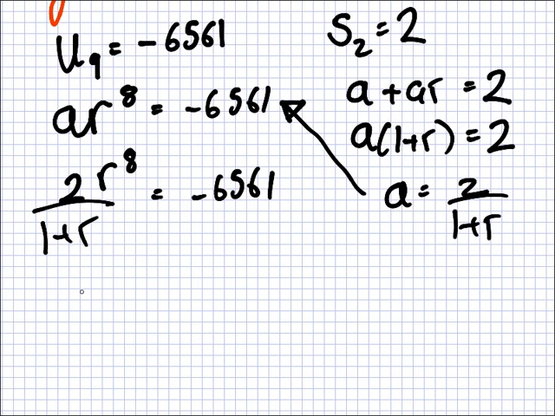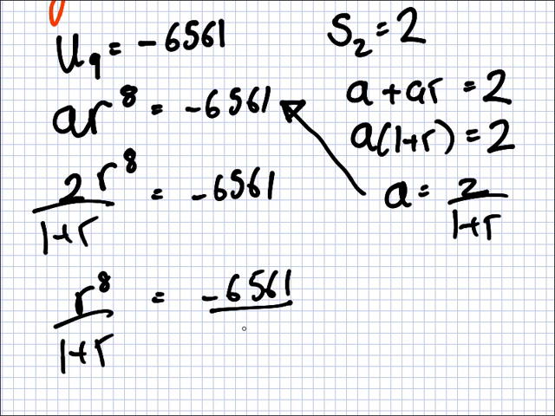Then I'll divide by the 2, giving minus 6561 over 2. It's a little easier if I write the minus on the bottom instead of the top, which I'm allowed to do.